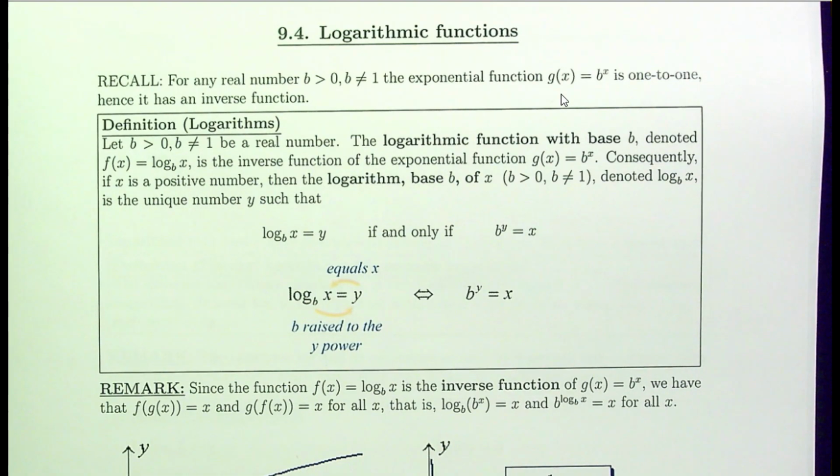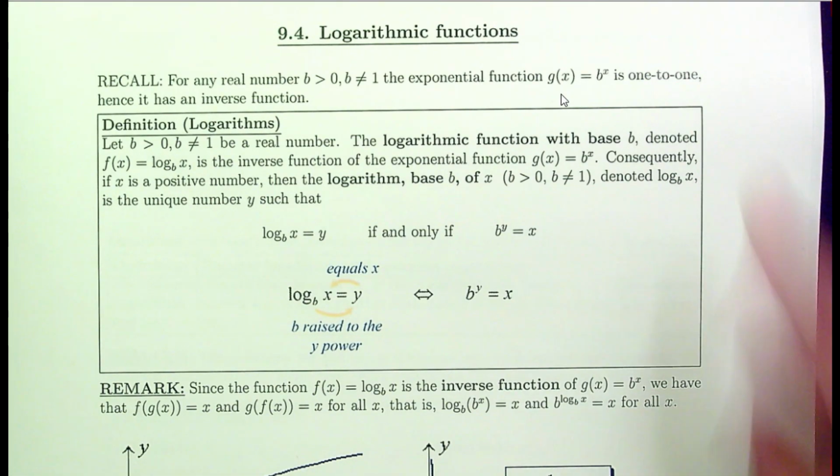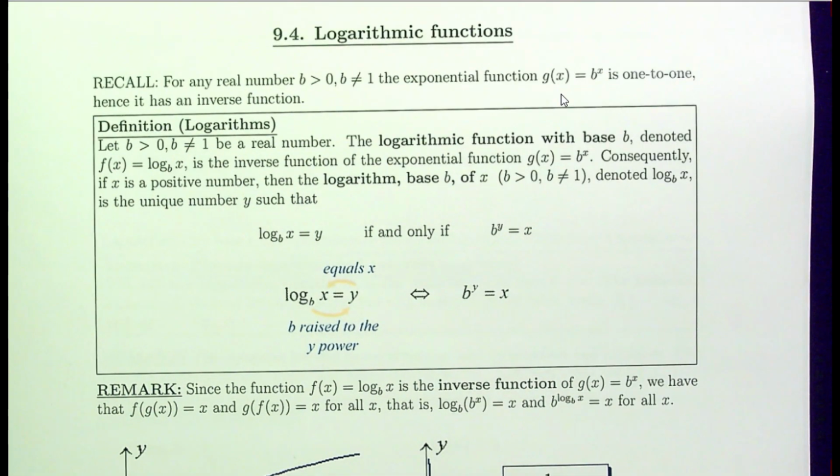The inverse of the exponential function with base b is called the logarithmic function with base b. And we have a special notation for the inverse function.